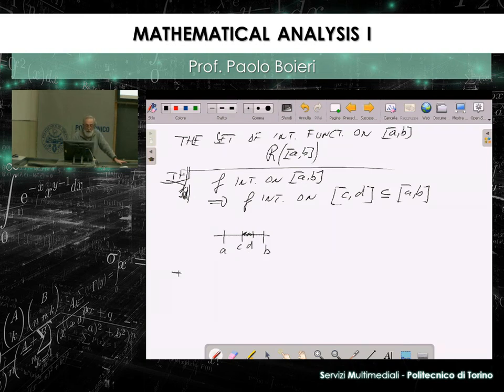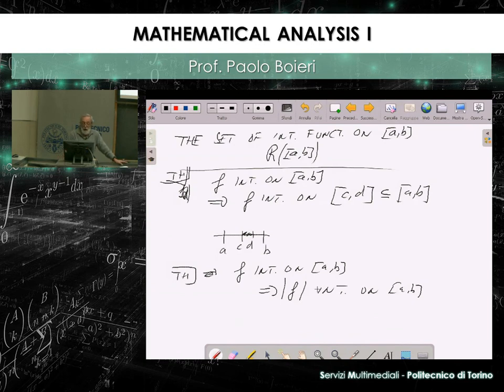Okay? And the next result is: if f is integrable on AB, then the absolute value of f is integrable on AB. Then, if you know this, you can say that the absolute value is integrable in the same set.